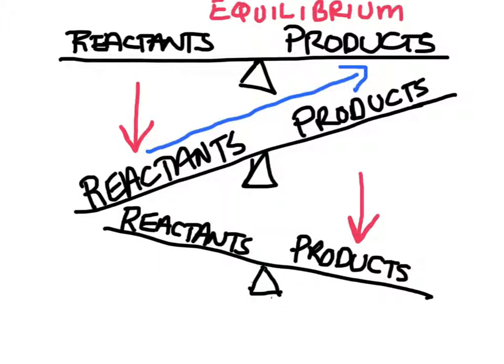And remember, the only way to get rid of those products is to convert the products back into reactants. So now we're going to shift this way. If we add to the right, we shift to the left. Okay?